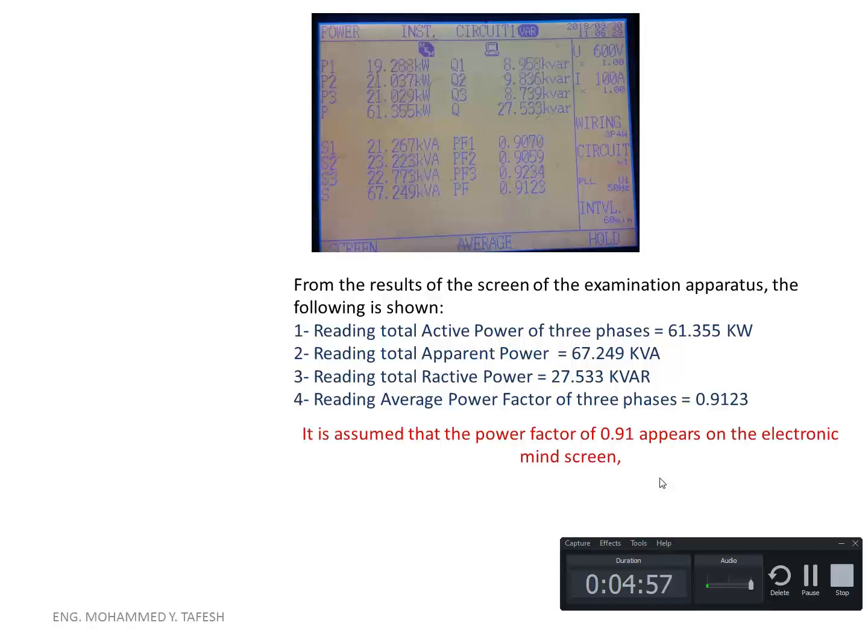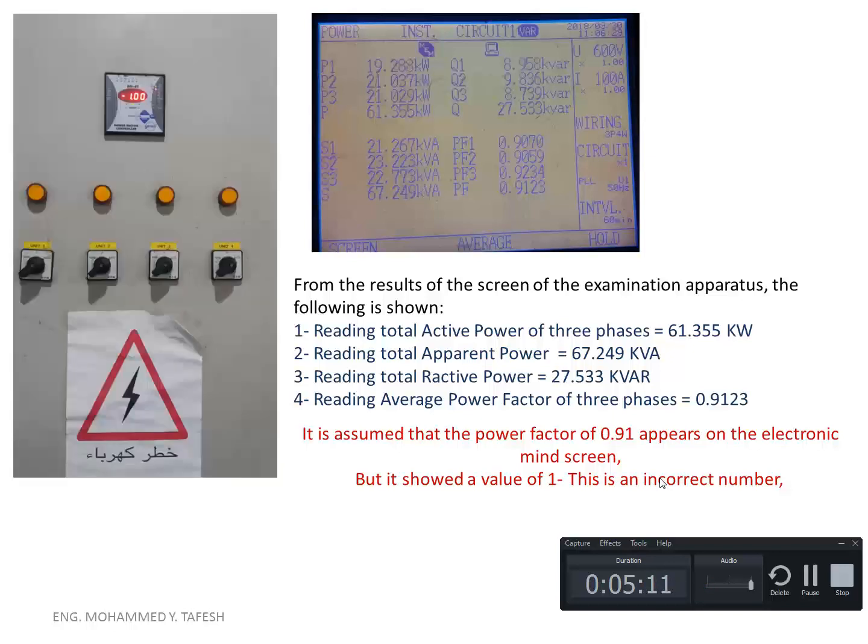It's assumed that the power factor of 0.91 appears on the electronic meter screen, but it showed a value of -1. This is an incorrect number. As you see here on this electronic meter screen for the power factor, this is not a true value.